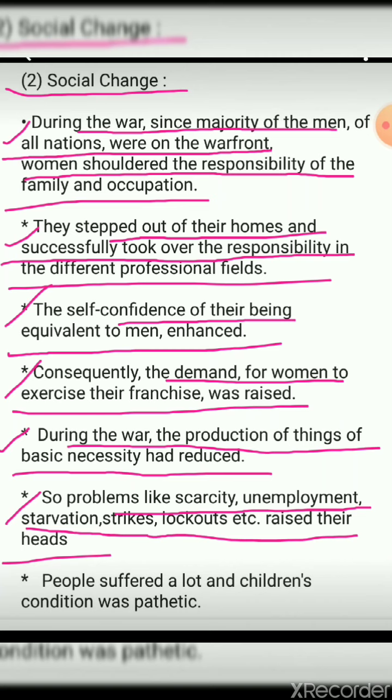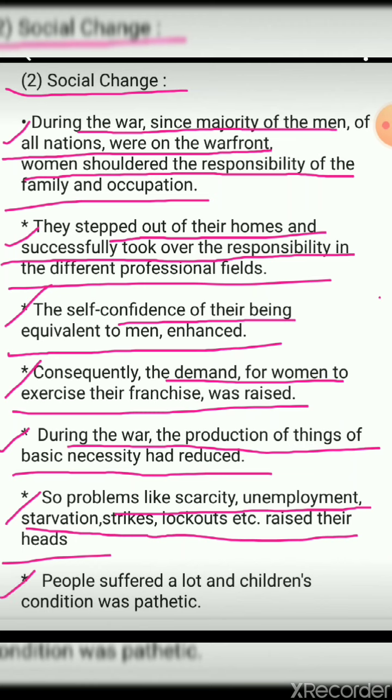So scarcity came, unemployment means there was no work at all for the people, so people became unemployed. Then starvation, that is hunger. Strike, we know what a strike is. And lockout means totally closed down was being seen.